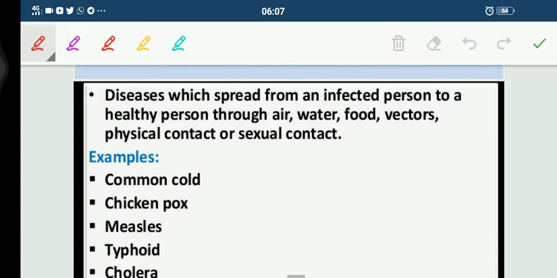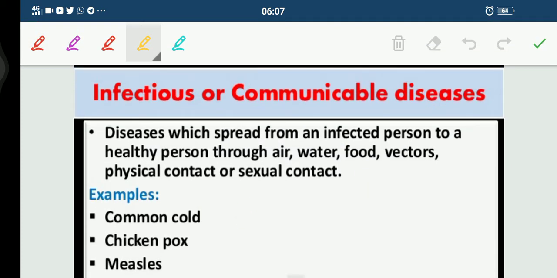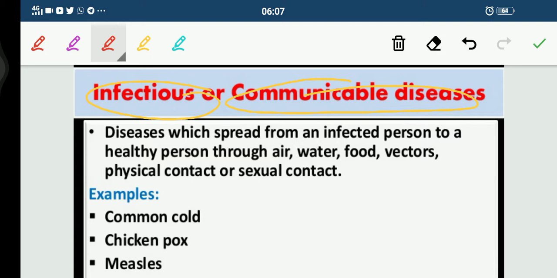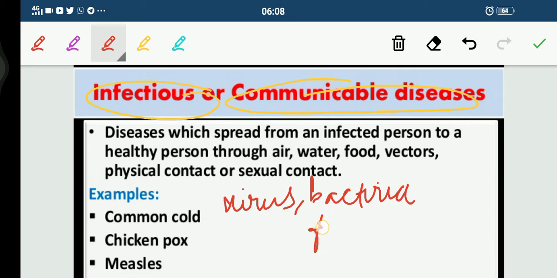So, first of all, we should know what exactly we mean by infectious or communicable diseases. So, what are these diseases? These are caused by some biological agents, or we can say pathogens, such as virus, bacteria, fungi, protozoans, etc. Fine.